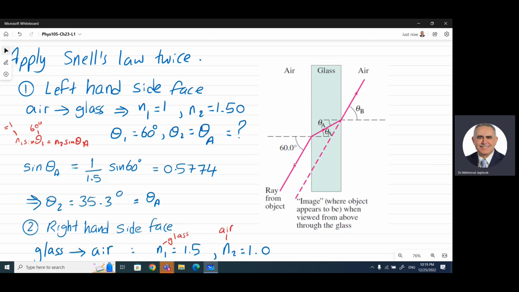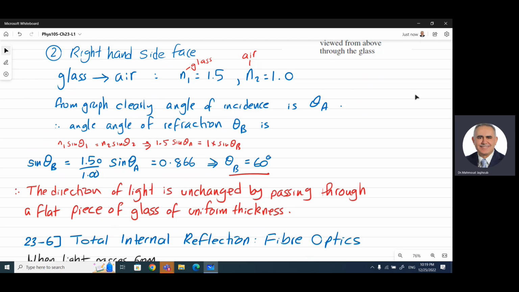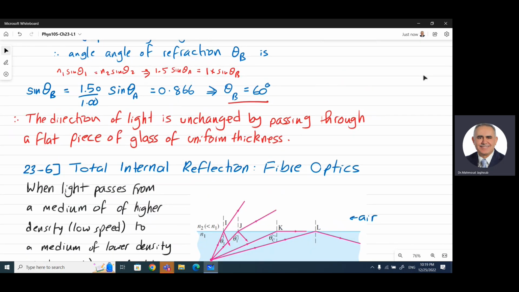But the end result is that this ray of light is parallel to this ray of light. All that happens is a shift, as if the picture is displaced. So this is what happens really. The direction of light is unchanged by passing through a flat piece of glass of uniform thickness.